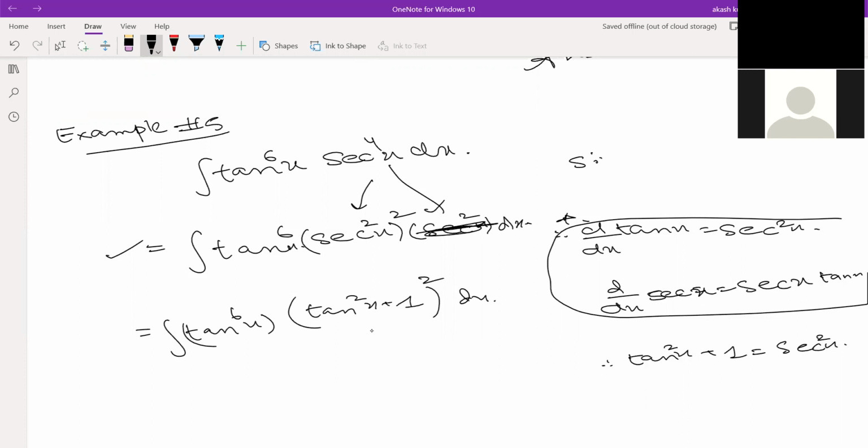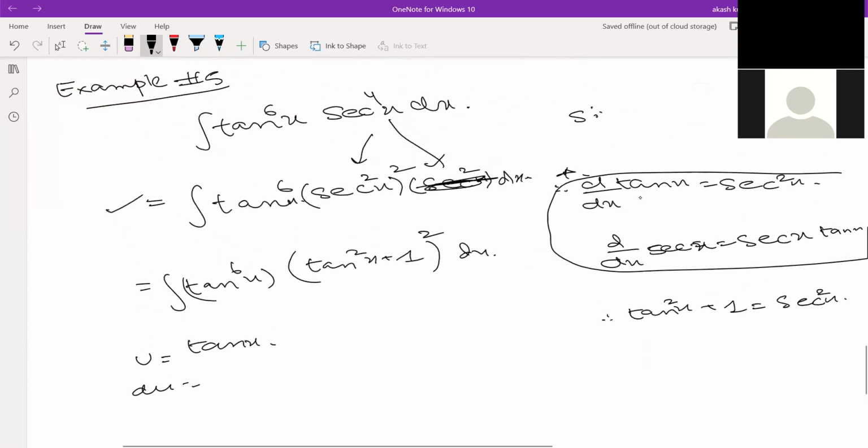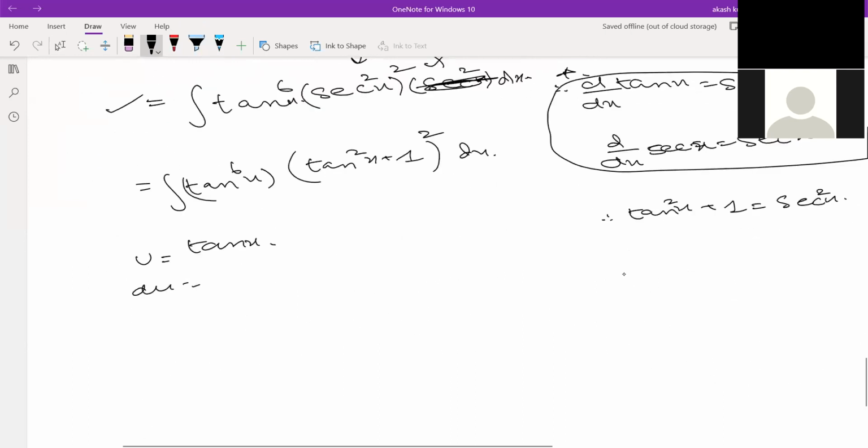If you are saying this, then when I apply the u substitution, I take my u as tan x, and then my du will be the derivative of tan x, which is sec squared x. There should be a factor of sec squared x dx.